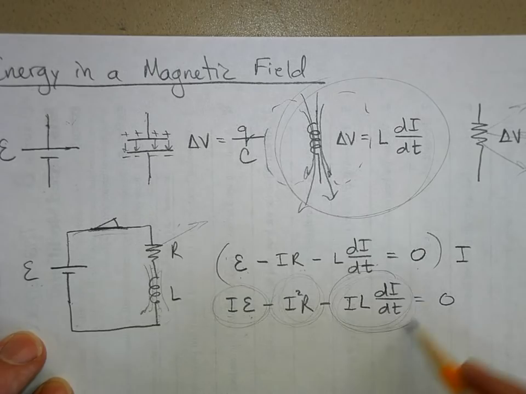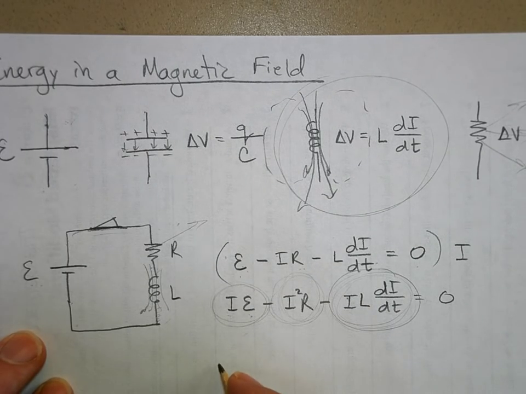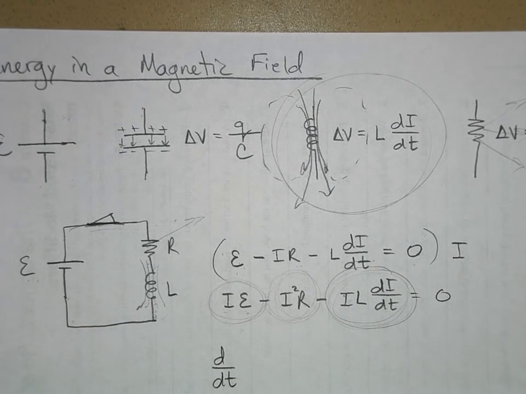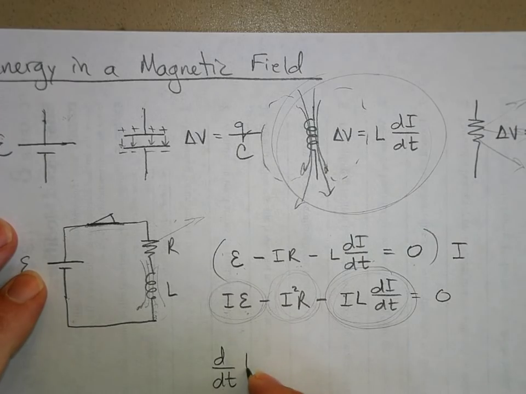So this is the rate, dU/dt, of how much energy is being stored in the inductor. Well, what symbol do we use to represent stored energy? U, capital U. So I'm going to call this U sub L, the energy stored in the inductor.